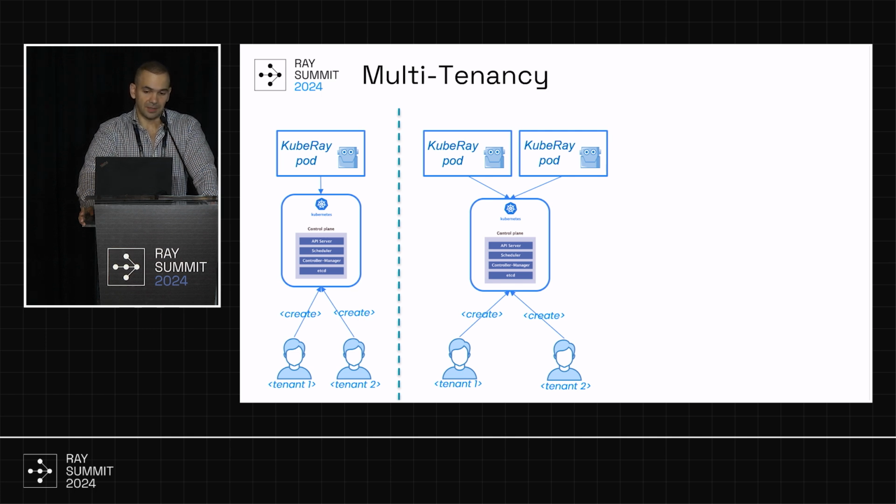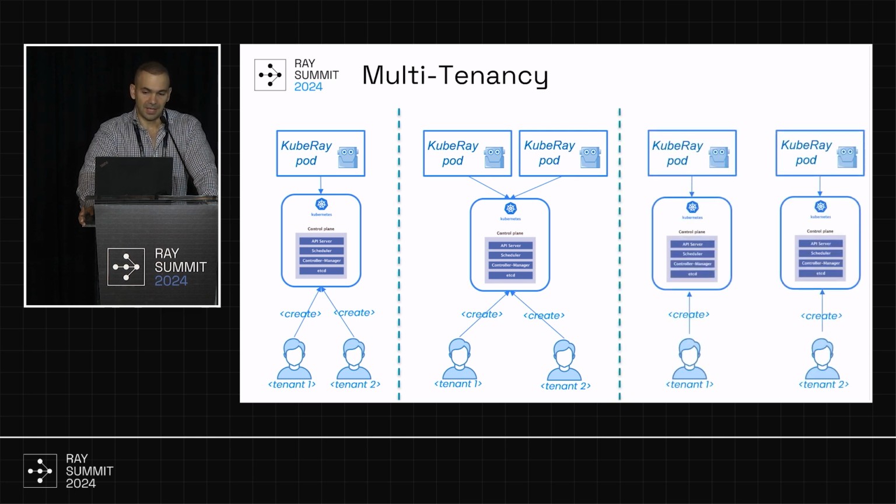You still have the control plane that's shared among the different tenants, but at least now you have different KubeRay per tenant. And finally, you can think of a more stringent requirement where for each tenant, you give them their own version of a control plane, their own configuration and tokens to connect and authenticate with that control plane, and their own KubeRay implementation.